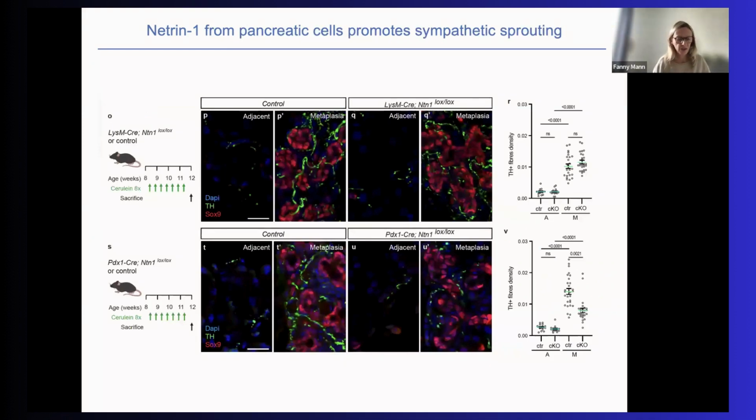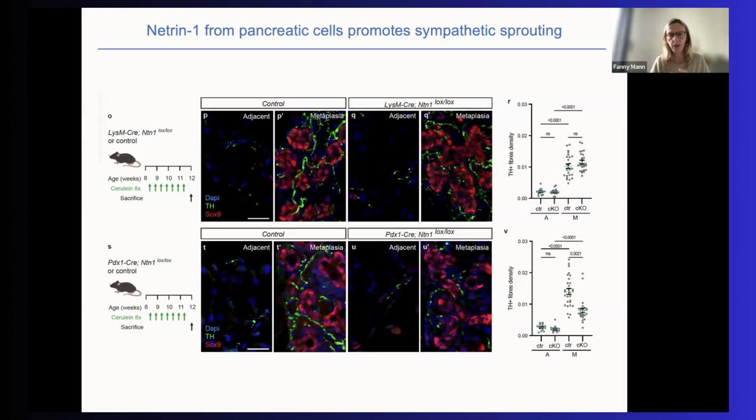So for this, we selectively silenced netrin-1 either in macrophages using a LysM-mediated recombination or in pancreatic cells using a PDX1-mediated recombination. And after cerulein treatment, the loss of netrin-1 only in pancreatic cells, but not in macrophages, significantly inhibits sympathetic axon sprouting.